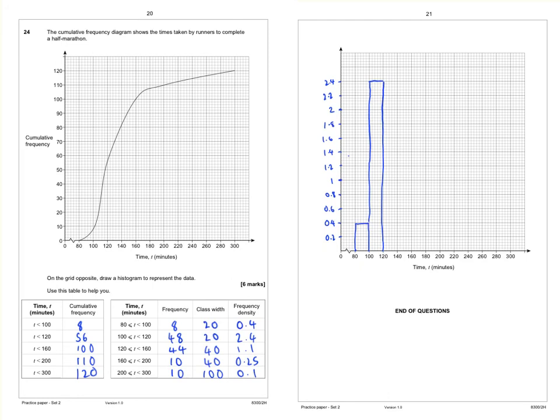Next one is 120 to 160, and that goes up to 1.1. So 1.1 would be here, and that goes to 160. So line going from here.